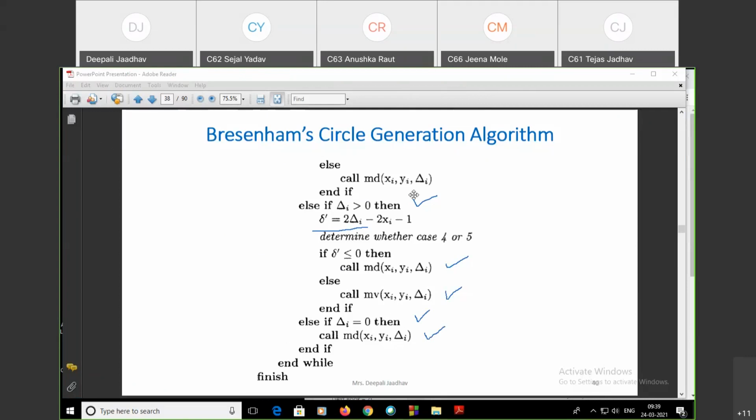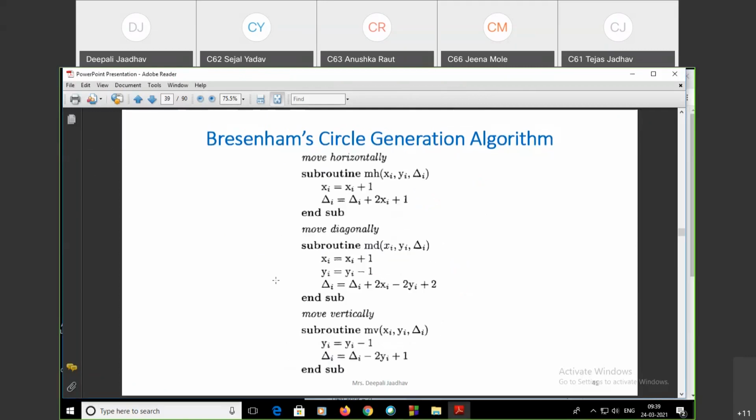Now we need to write these subroutines MH, MD and MV. The pseudocode for that is also available. What is the subroutine for MH?